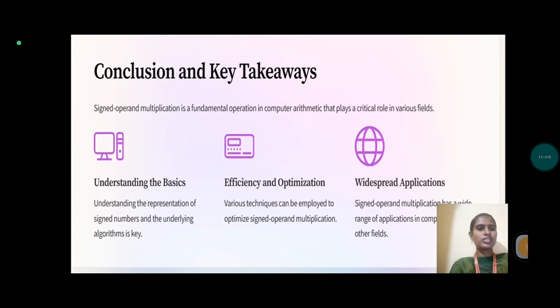Understanding the representation of signed numbers and the underlying algorithms is key. Then second, efficiency and optimization. Various techniques can be employed to optimize signed operand multiplication. Then the last one, widespread applications. Signed operand multiplication has a wide range of applications in computing and other fields.